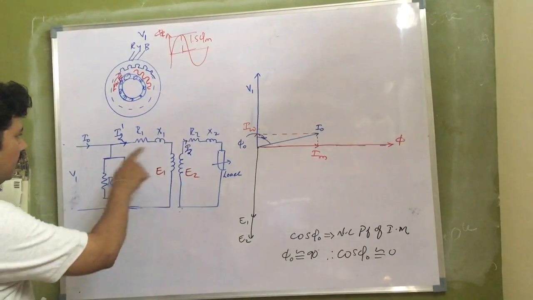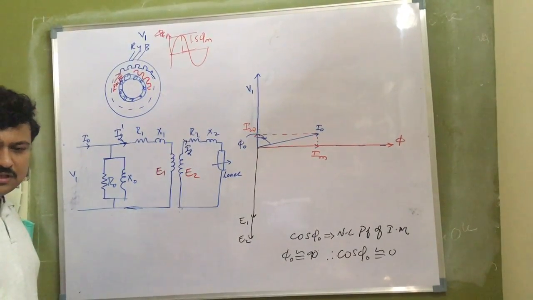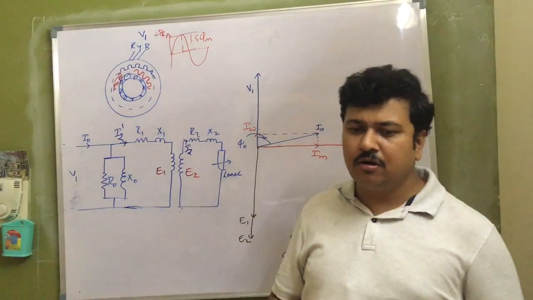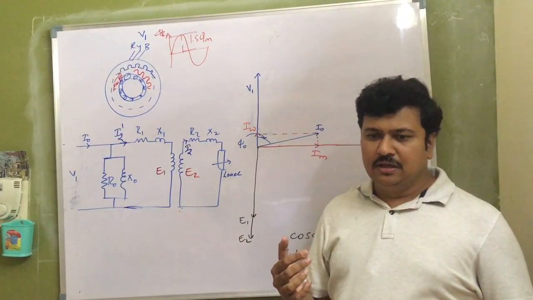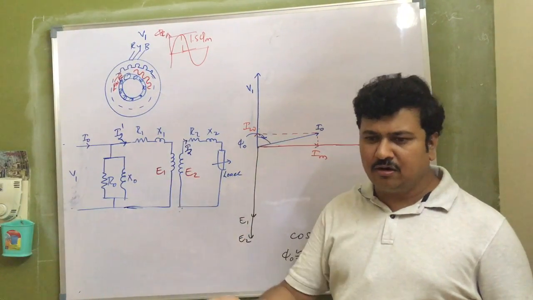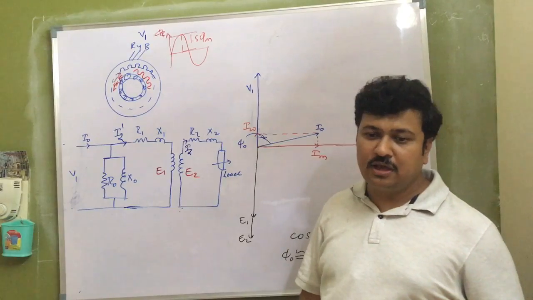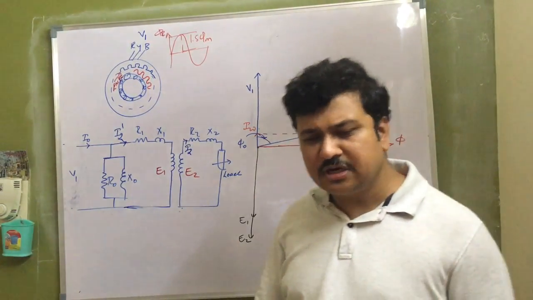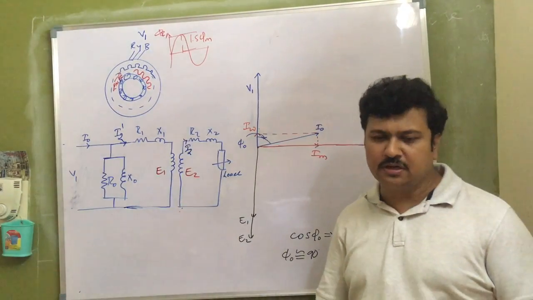As load increases, load current is drawn. As the load current requirement at the output starts increasing, current drawn by the stator starts increasing after I0. So the current that is drawn after I0 is called I2 dash, which is known as the load component of primary current or stator current.